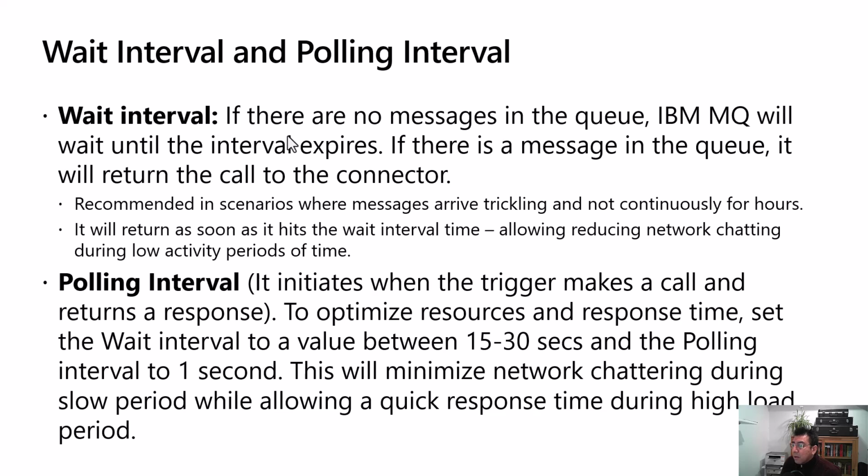So this will minimize network chattering during a slow period while allowing a quick response during a high load period. So the combination of both will, one, make sure that you are not incurring additional costs, and two, will be optimized for your particular scenario.